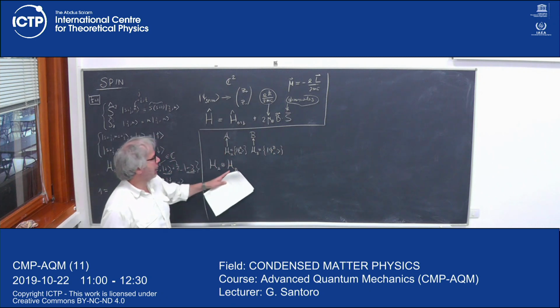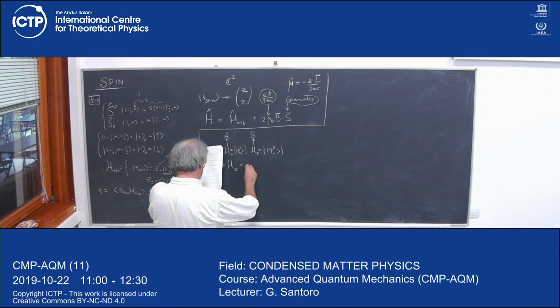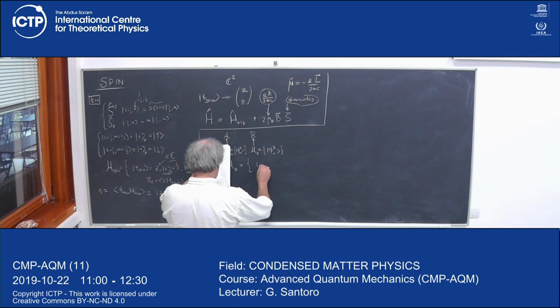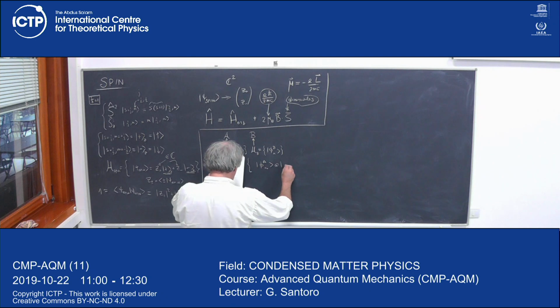Good. What is the tensor product? It is an object whose elements of the basis are pairs. So let me write it like this, and then I will illustrate it in some examples.